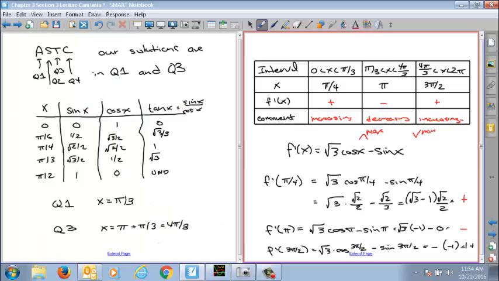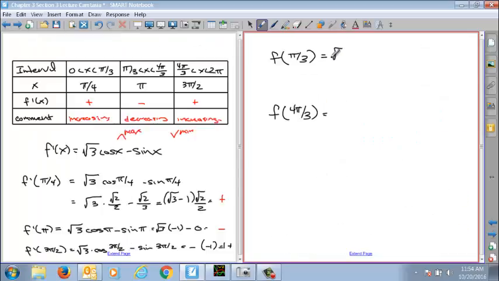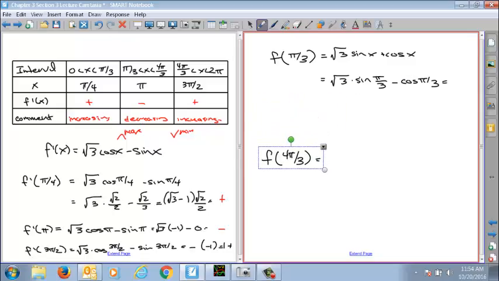So the original function was square root of 3 sine x plus cosine x. So we get the square root of 3 times the sine of pi over 3 minus the cosine of pi over 3. You can plug that in your calculator, but let's just try to do it. Actually, let's just plug that in our calculator. Make sure it's in radians, which it's not, at least mine's not.